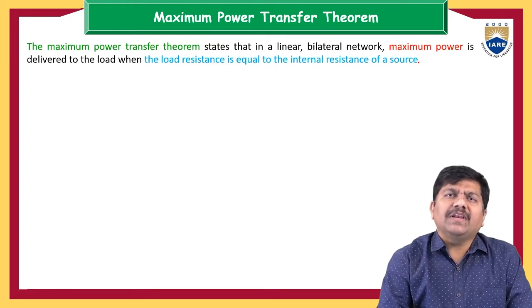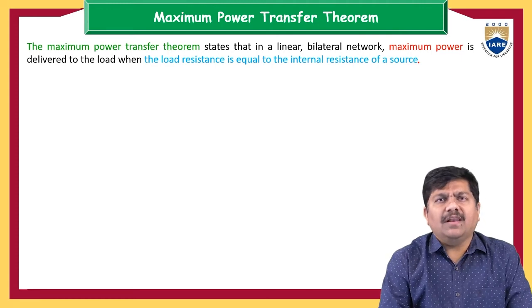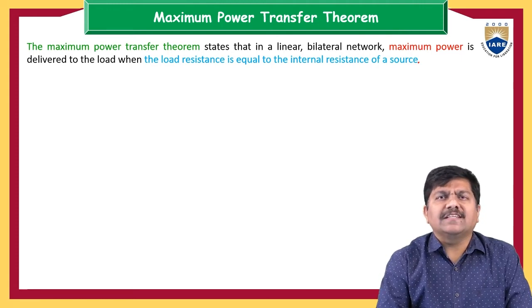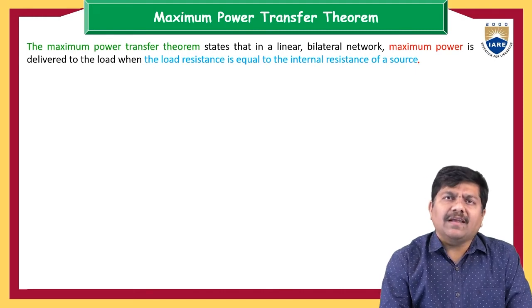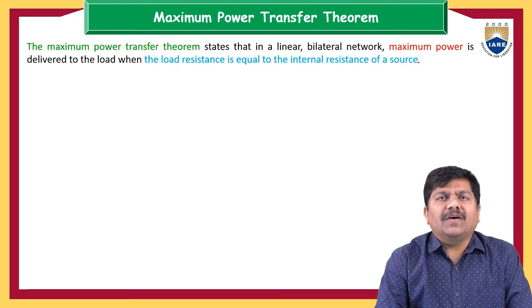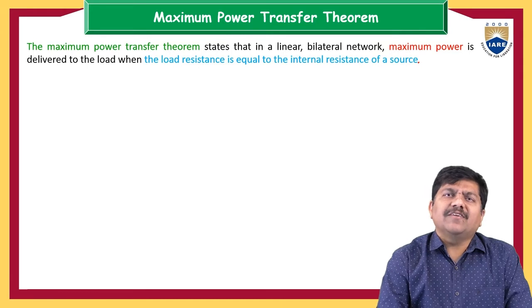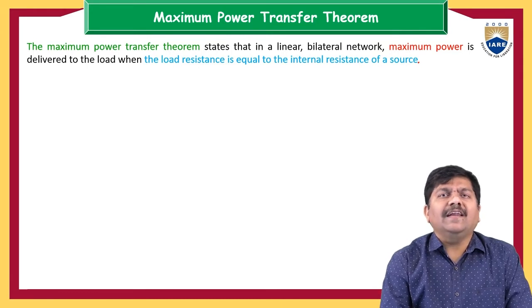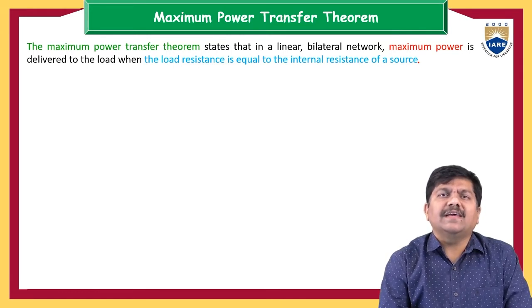Practical voltage sources will have some relatively small, finite amount of resistance. Similarly, the practical current sources will have some internal resistance, which is very large compared with smaller resistances and can be treated as infinity.